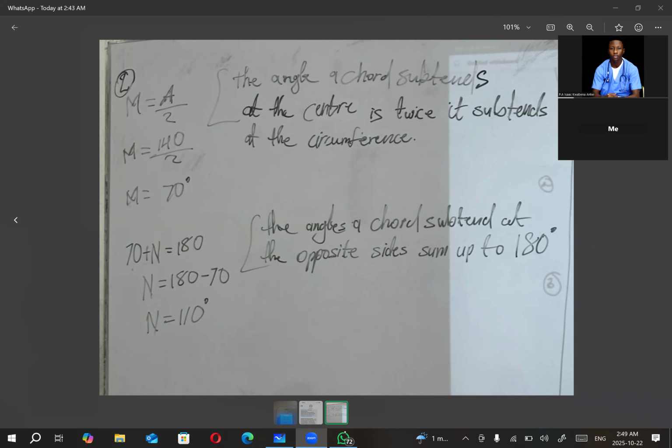Is this what I taught you? Or you are using phones, AI, and writing rubbish? 70 plus n equals 1, no degrees, nothing. Do you realize this is nonsense?